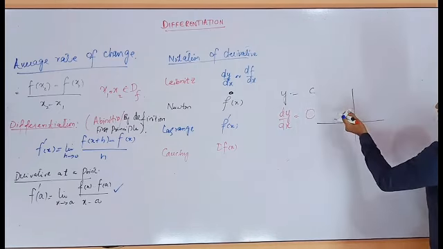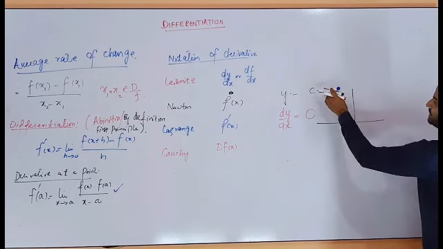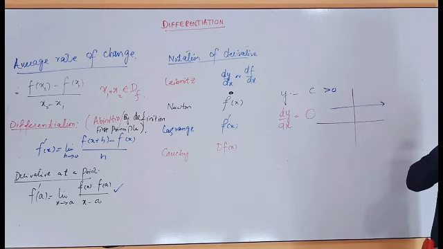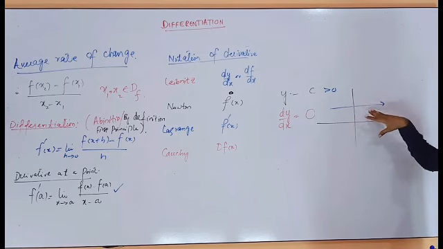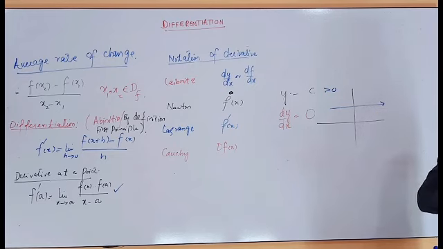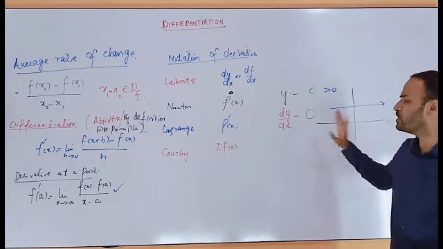Because if you draw a graph of the constant function y equal to c, with c positive, you can see it is a straight line. There is no change at all in the line. So if there is no change, it means there is no derivative, so the derivative will be 0.